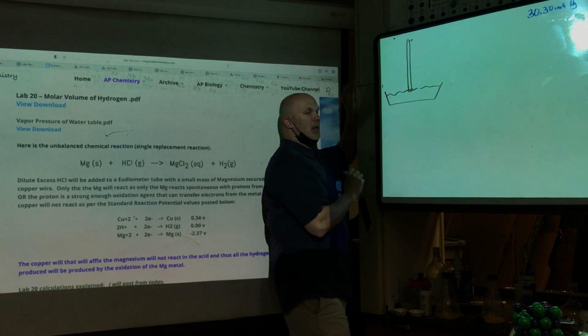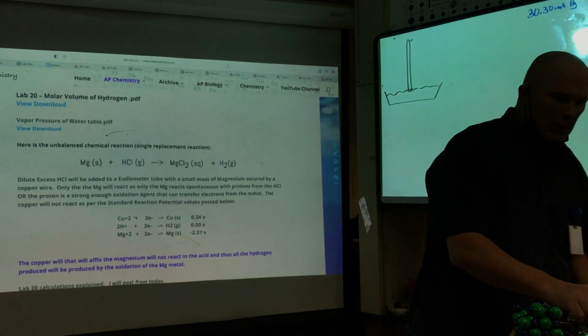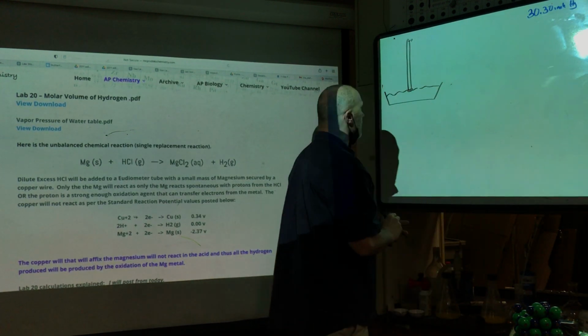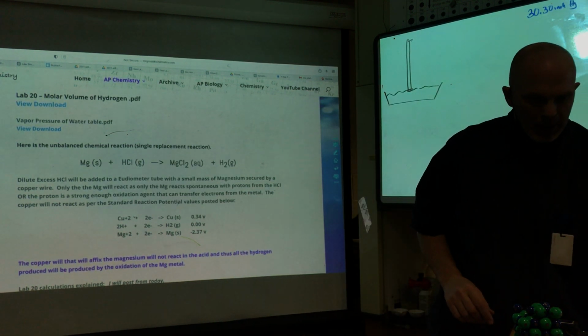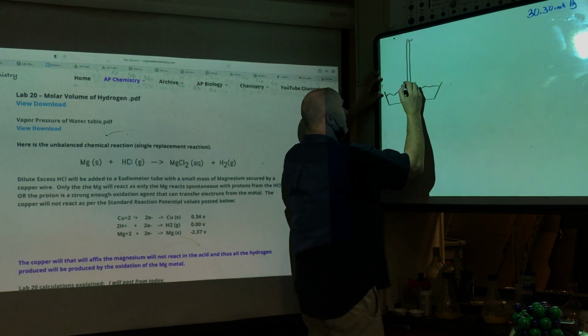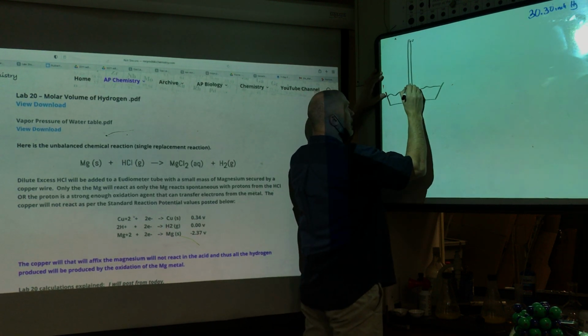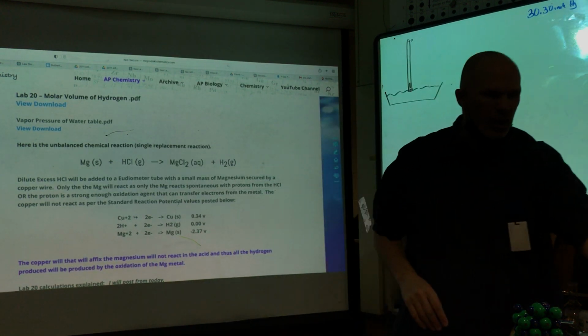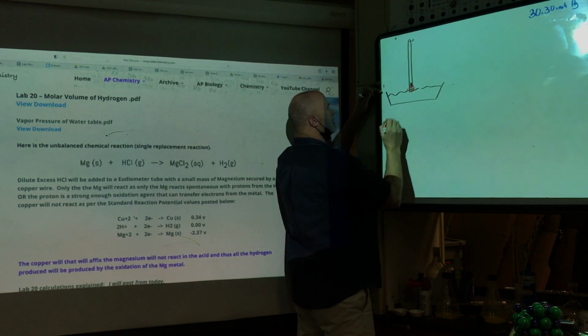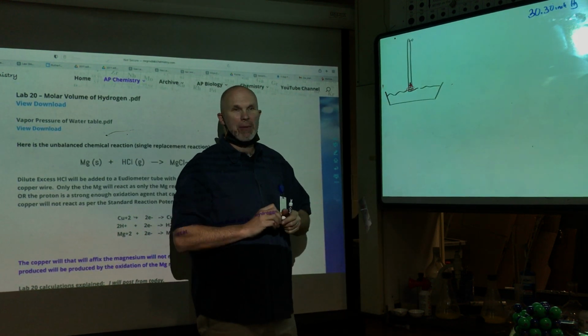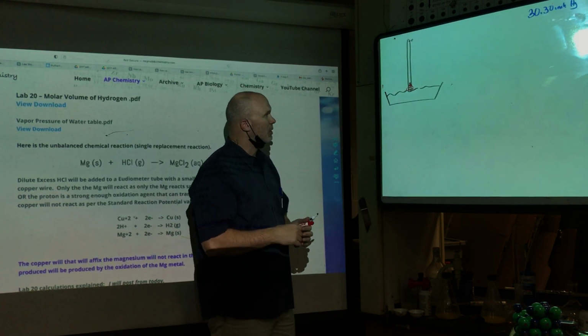You're measuring the volume. Now, what we did is we had some magnesium being suspended by a copper wire, and we wrapped it around it and round it to the outside, and we measured that magnesium to a certain mass, okay.